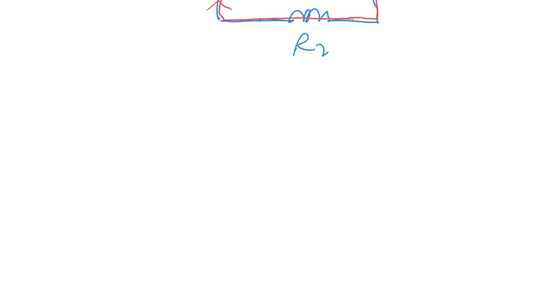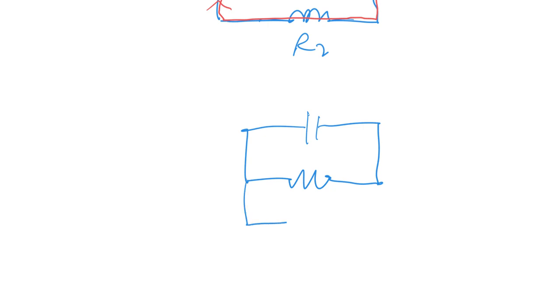And what if it looks like this? Let's put the battery up here. Here's R1, here's R2, here's the voltage source, the battery. Okay, so here's the plus, here's the minus. So is this in parallel or in series?